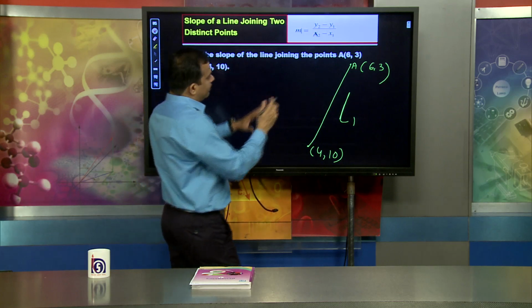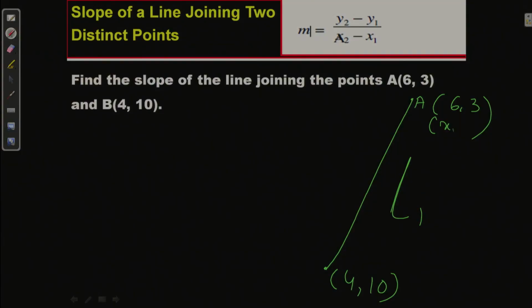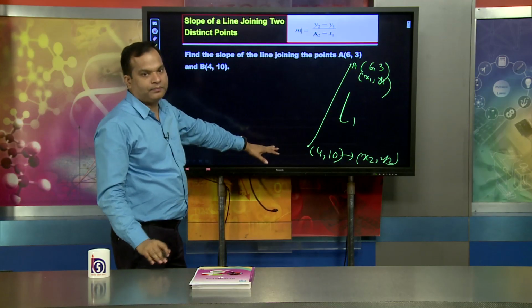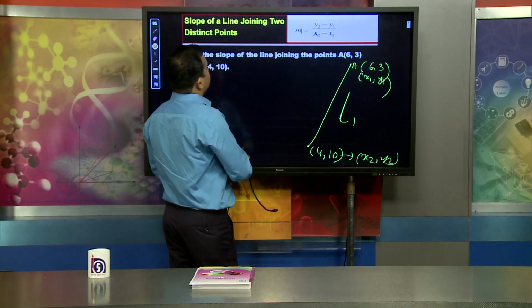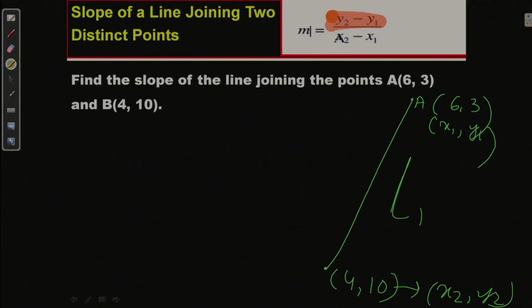Here 6, 3 is x1, y1, and 4, 10 is x2, y2. When talking about the slope of line L1, there is a formula, where m stands for the slope of the line. The slope of a line is y2 minus y1 divided by x2 minus x1.